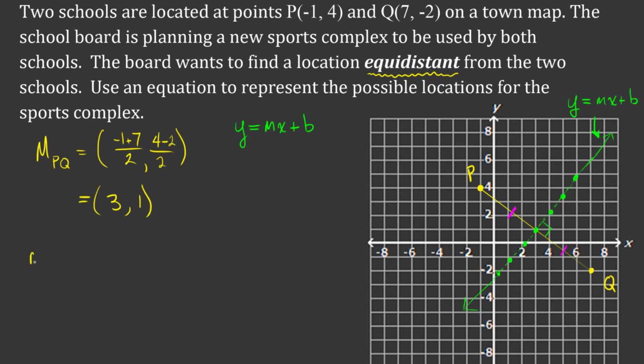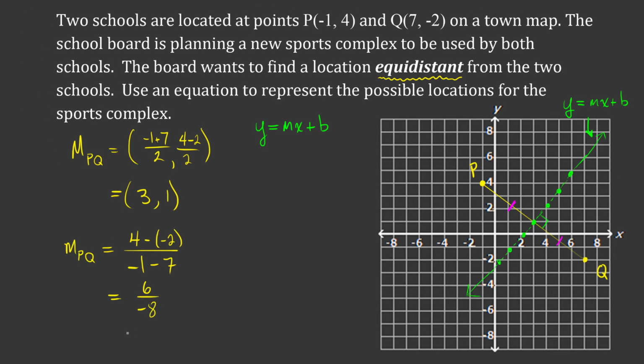So let's get the slope of PQ, and this is a lowercase m, not to be confused with the uppercase M. Let's get that slope by taking the deltas of our y values, so 4 take away -2, or 4 plus 2, and my x values, -1 take away 7. So we get 6 in the numerator, and we get -8 in the denominator. So our slope seems to be 3 over -4 after we simplify the fraction.